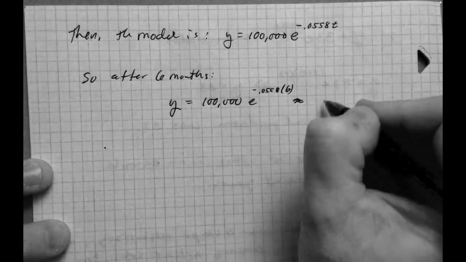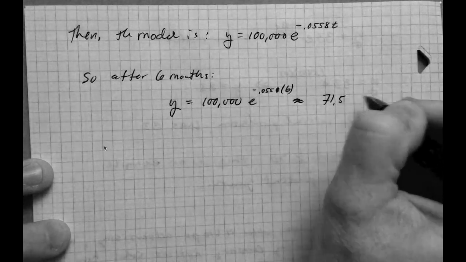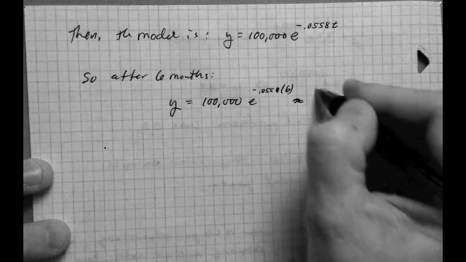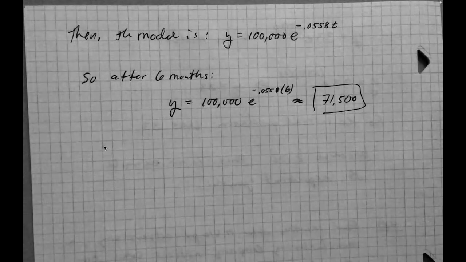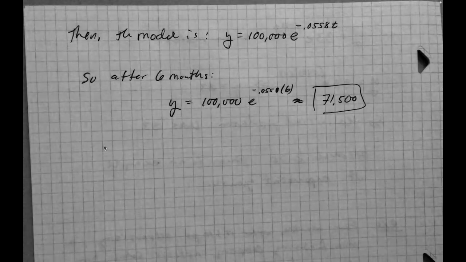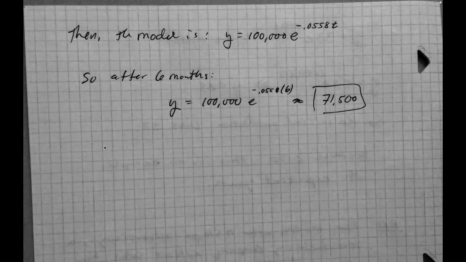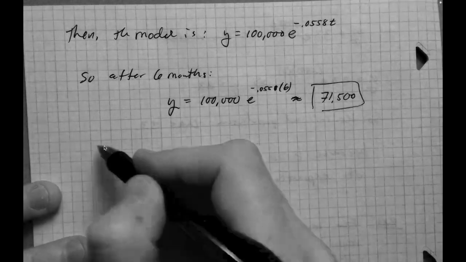When you plug all that in, you get 71,500-ish. Okay, so sales will continue to decrease. This is an example of exponential decay.